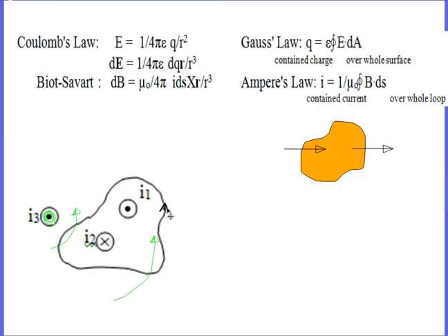If you were to traverse this Amperian loop, this is called a Gaussian surface, this is called an Amperian loop, if you were to traverse this Amperian loop in the direction of this arrow, then as you came along here, the dot product of the magnetic field here in green and the path, ds, would produce negatives there.